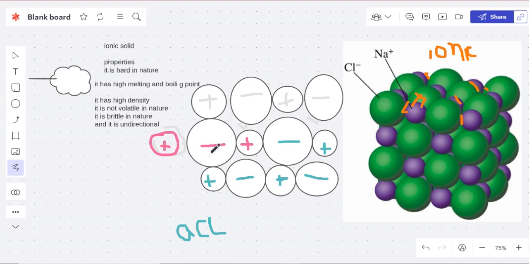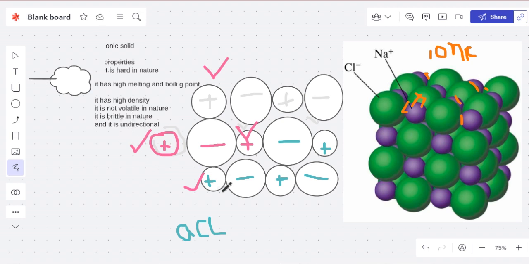For a while, consider that we don't know which sodium atom this chlorine atom is surrounded by; it can be this, it can be this, or it can be this. So that's why it is non-directional in nature. It does not have any direction.